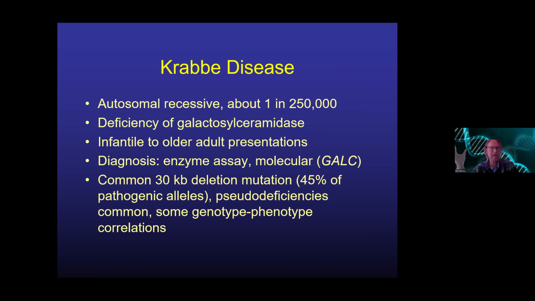There's some genotype-phenotype correlations that are available. There's a group that meets to discuss newborn screening cases or diagnostic cases. You're trying to figure out what that genotype means and what to do with the individual patient if they're pre-symptomatic.